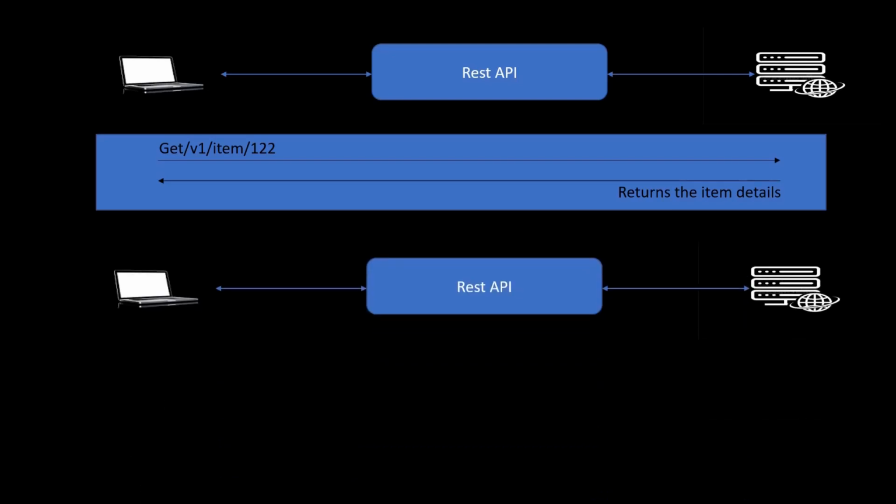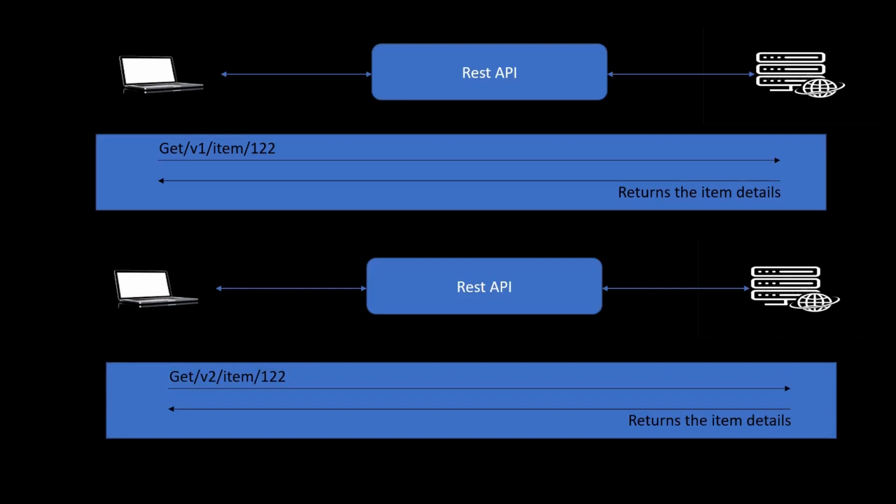This client 2 has a better understanding of the system as compared to client 1, and suggests certain changes in the response that the API sends to him. These changes would cause a breaking change in my version 1 API that I'm already using for client A. So now I'll create a version 2 of the item API that specifically caters to client 2.